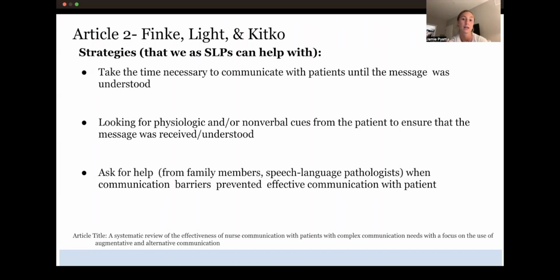As SLPs, you can help healthcare providers know what to look for to ensure that they're getting the message from their patient. And also just emphasizing to healthcare providers that they should ask for help, either from family members who might be better at communicating with the patient or from speech language pathologists, as we can provide strategies to help communicate with the patient.